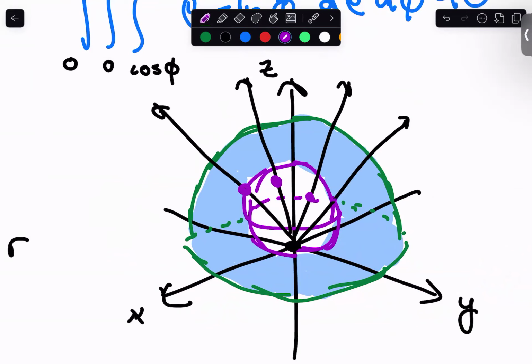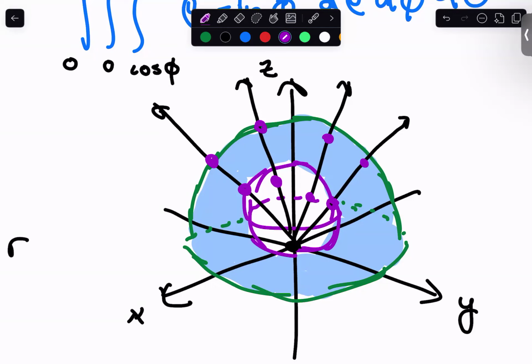We are entering into our region through this purple sphere, and then we are exiting as we continue outward through this green surface, this hemisphere. So it's a question of how do we enter into our region and how do we exit? That's going to be our lower bound and upper bound.